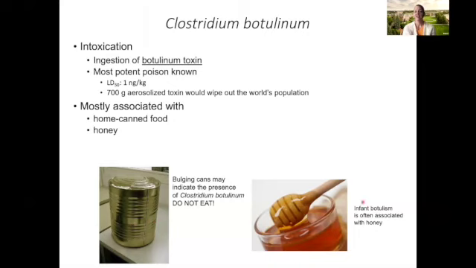Honey is the other place where we sometimes see botulism, particularly raw, unprocessed honey. And that's one of the reasons that we say not to give honey to young children and infants, because the very low concentration of botulism toxin in there can still be detrimental to those infants.